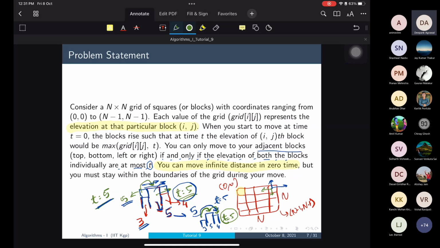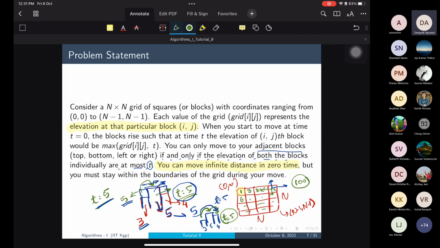Sir, is it true that after a certain point of time, all the grids will be at the same elevation? Yes, that is a very good point actually. Suppose the grid values are like this: 100, then this is 5, 6 and something. The maximum value in this whole grid is 100.